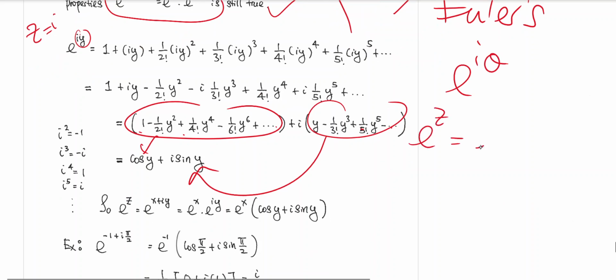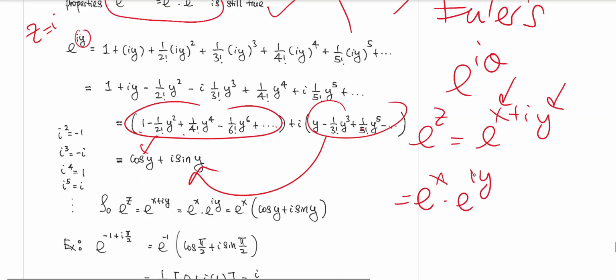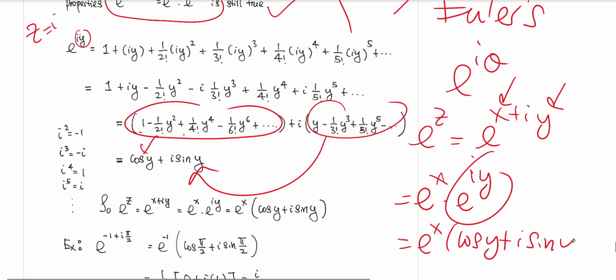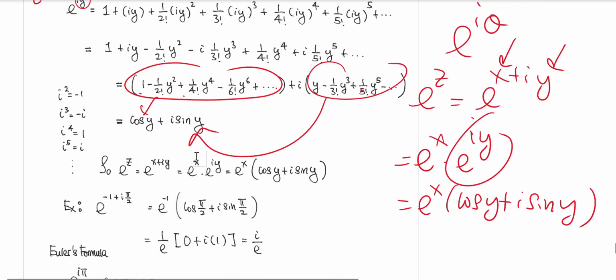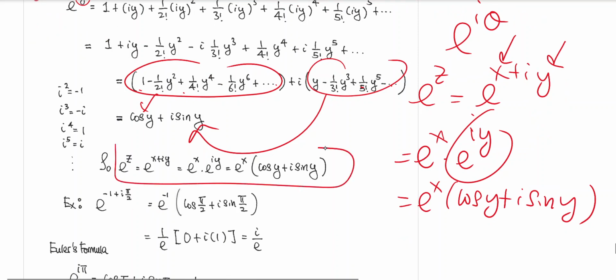Because if your z is x plus iy, where x and y are real numbers, this is e to the x times e to the iy, and we already know what e to the iy is: cosine y plus i sine y. So we have this particular formula right here. This is one of the formulas for e to the power of z.